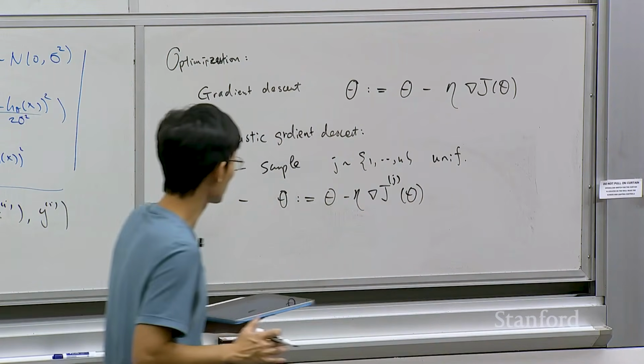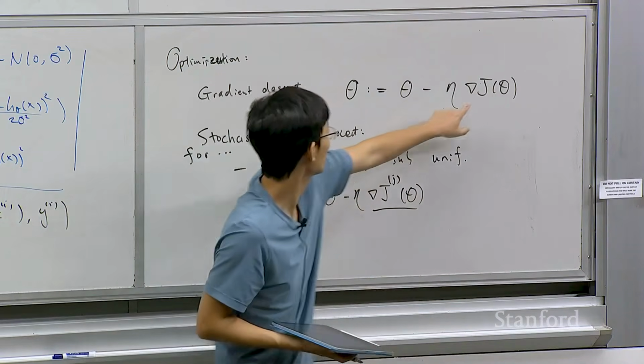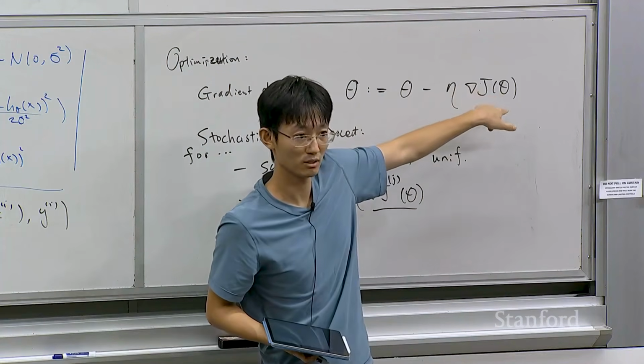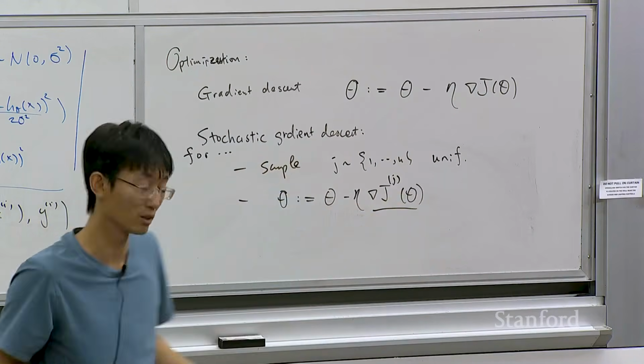The difference here is that in gradient descent you compute the gradient of the average loss, and here you only compute the gradient of the loss on one single example.